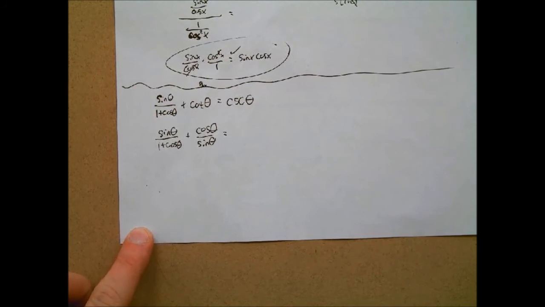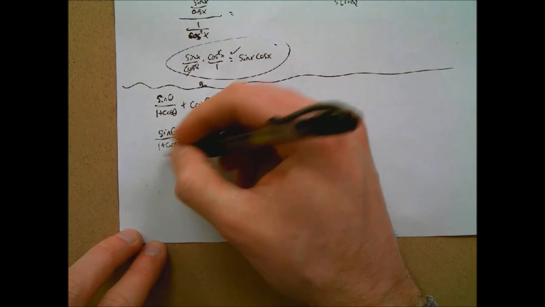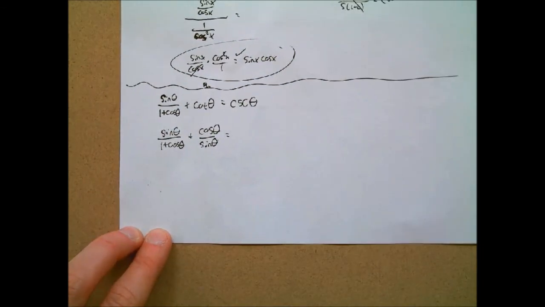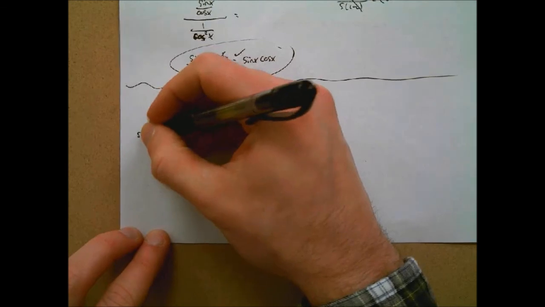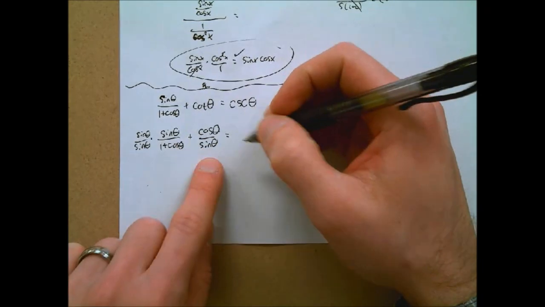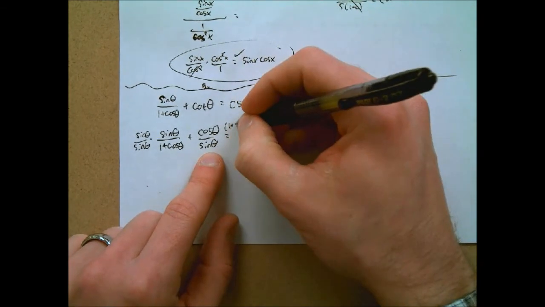And then hopefully it's also pretty clear here that we should probably get a common denominator, right? So this denominator is missing what? A sine, right? And then what's this denominator missing? A 1 plus cosine. So we're going to multiply the top and bottom by 1 plus cosine theta.